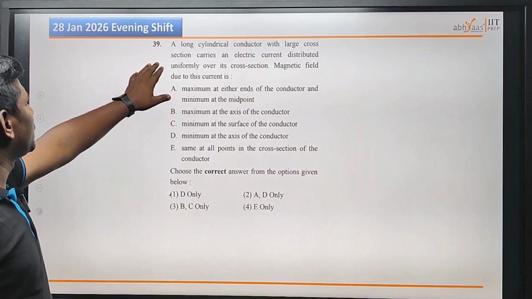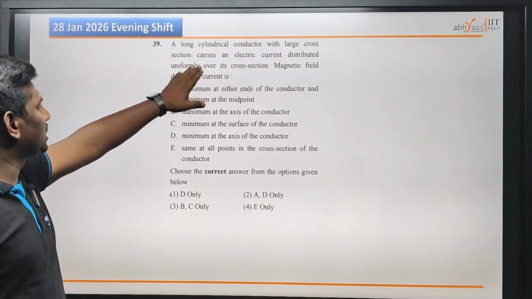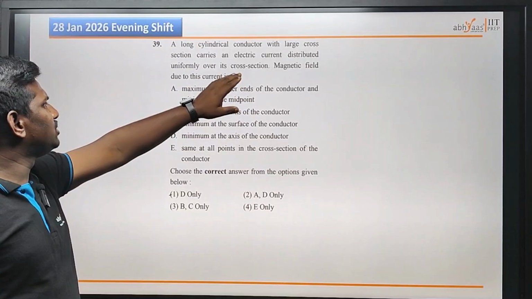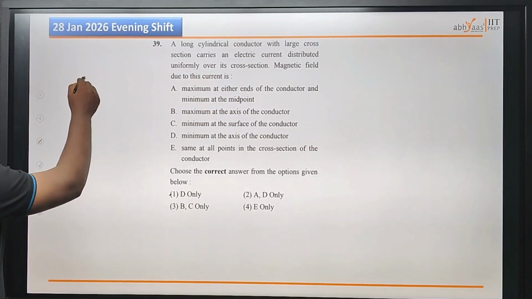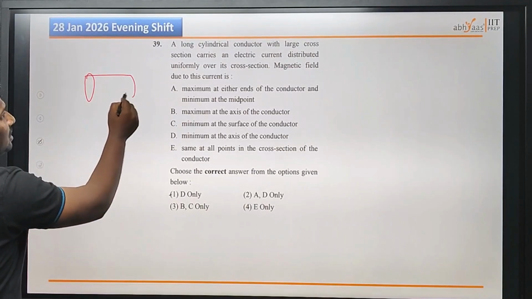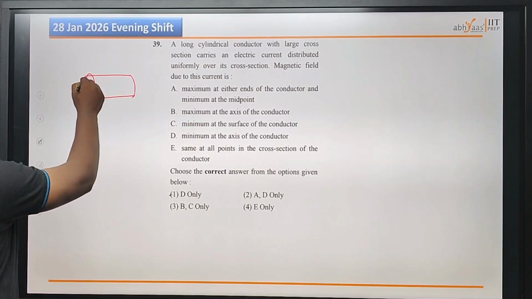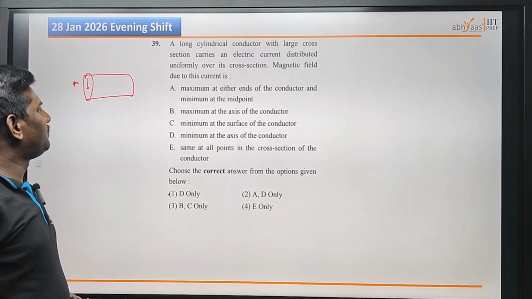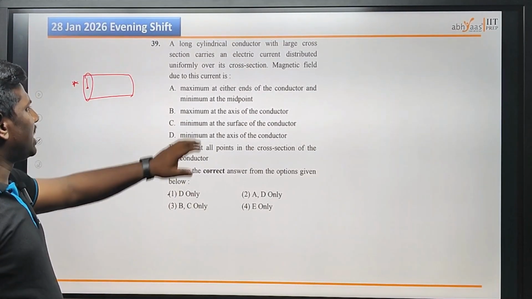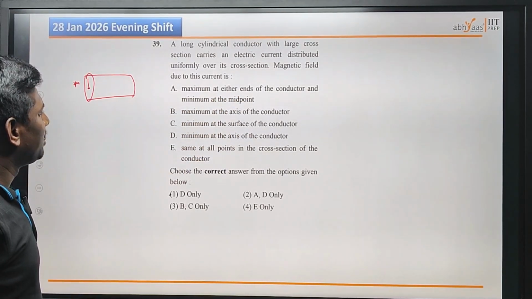Question number 39. A long cylindrical conductor with a large cross-sectional area carries an electric current distributed uniformly over the cross-section. So we have a long cylindrical conductor which has a large cross-sectional area A. Option A: the magnetic field due to this current is maximum at either side of the conductor and minimum at the midpoint.